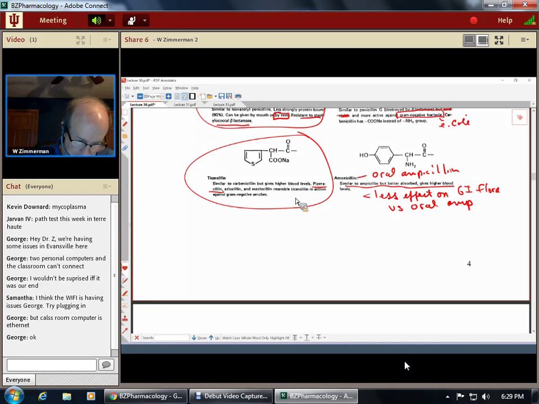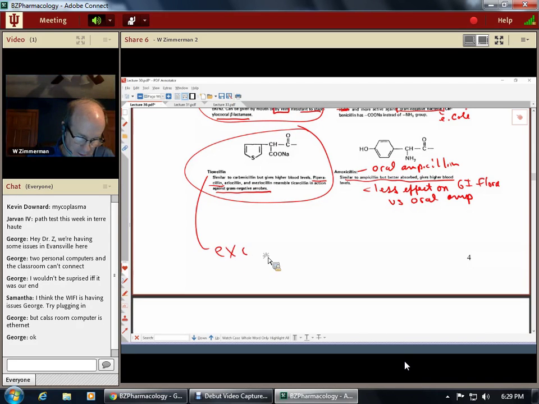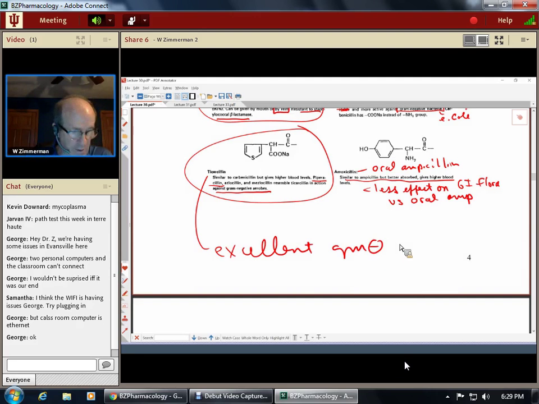But these are resistant against gram-negative aerobes. So what we see with this group is excellent gram-negative coverage, especially the aerobes. So that's a quick 5 to 10 minute run through on the different penicillins.